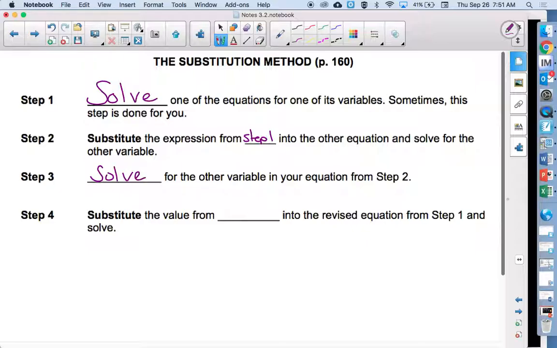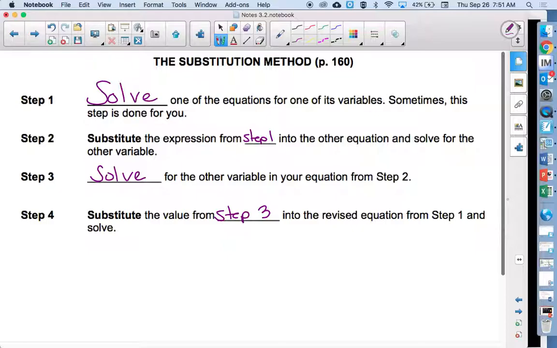And then step 4, substitute the value from step 3 into the revised equation that you had in step 1. So it's really, I'd say a 2, maybe a 3-step process. You get one equation by itself, you plug it in, you solve, and then you have to take that new answer and plug it back in because we need to know what x and y are. So once you have one of the variables, you still have to find the other.